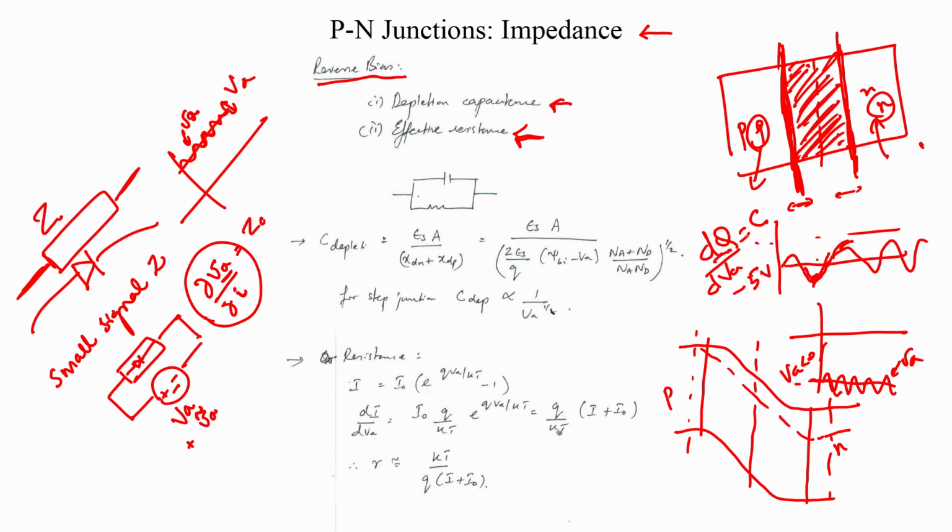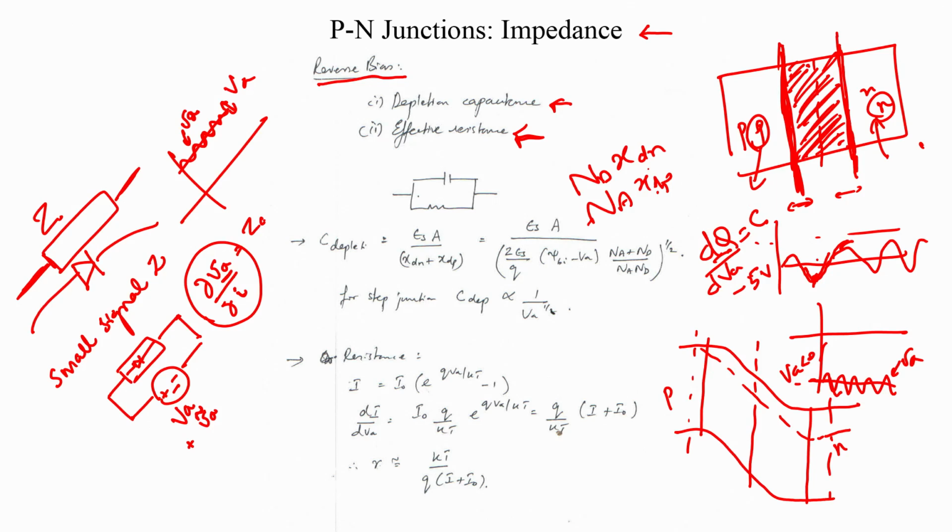Q is nothing but Nd into xdn on the N side and Na into xdp on the P side. Since xdn and xdp are changing with respect to the bias, you have your dxdn by dVA plus dxdp by dVA giving you this capacitive component.